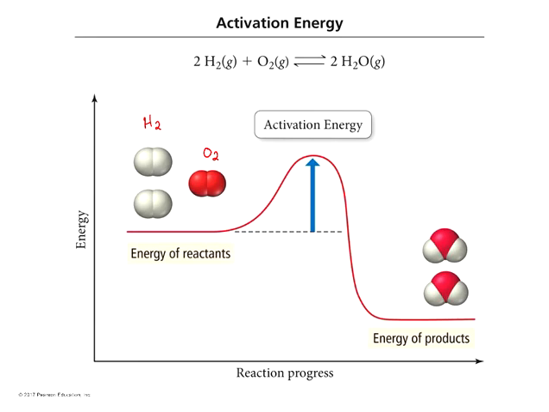So on the y-axis we have energy, and then on the x-axis, we have the reaction progress. So as the reaction is progressing, the bonds for the reactant molecules are going to start to break. So maybe we could draw our activated complex.